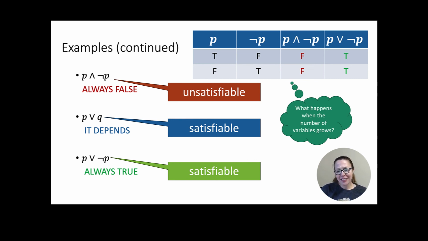What if we had 20 variables? Now we have over 1 million rows in the truth table for this compound proposition. This is entirely impractical to do by hand. At the moment, there's no known procedure for solving whether or not a given compound proposition is satisfiable for a large number of variables in a reasonable amount of time.